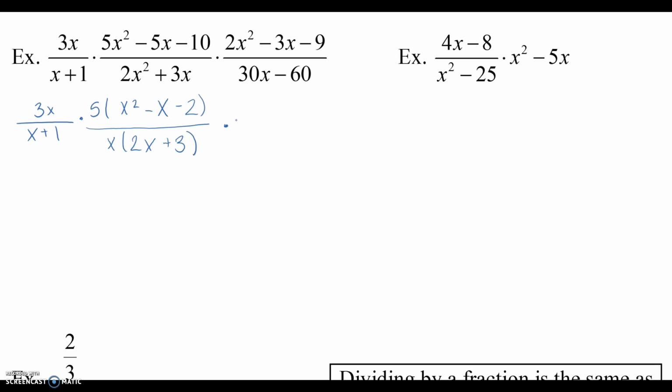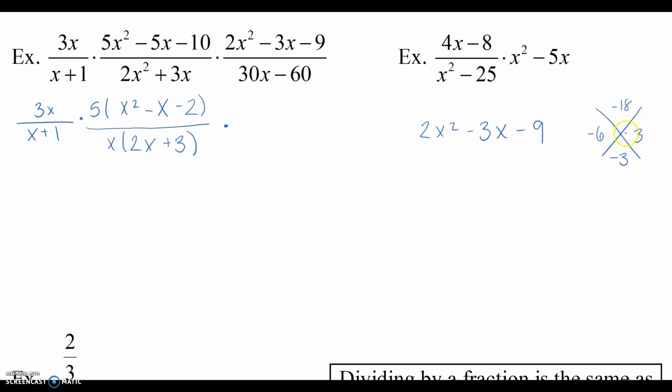Times. Here, you're going to want to factor by grouping. So since I don't have much room, I'm going to do some scrap work, but then I'm going to erase it. So maybe do this in your notebook. So remember, if I have 2x squared minus 3x minus 9, I'll do a times c, so 2 times negative 9 is negative 18, and b is negative 3. So what multiplies to negative 18 and adds to be negative 3? So that's going to be negative 6 and positive 3.